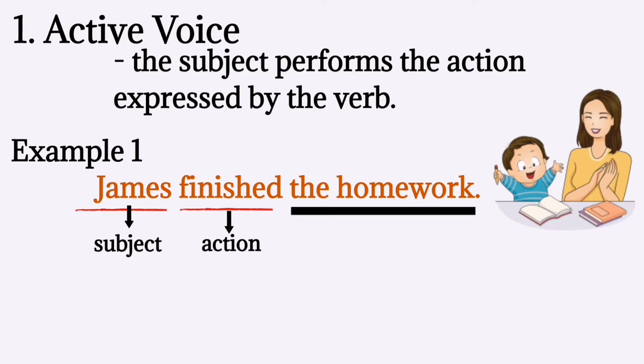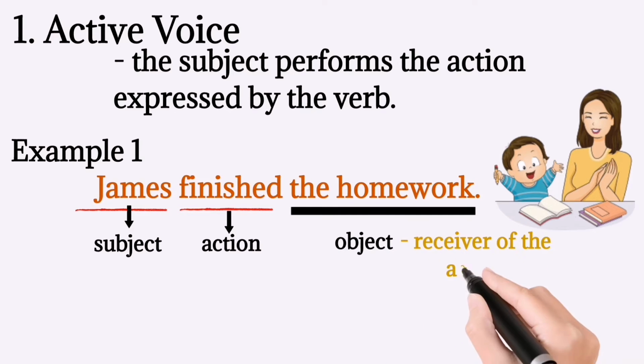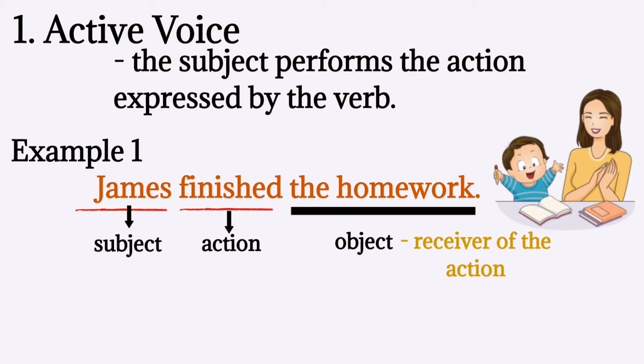How about the rest of the sentence, which is the homework? What role did it play in the sentence? This is what I would like to introduce to you, the object. If there is the doer of the action, there is also a receiver of the action. And that receiver of the action is referred to as the object of the sentence. The object in the sentence is the receiver of the action. Looking back at our sentence, what did James finish? The homework.